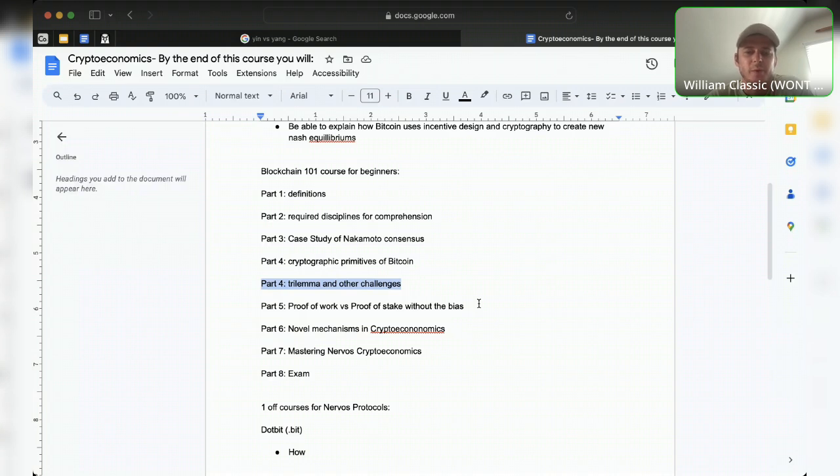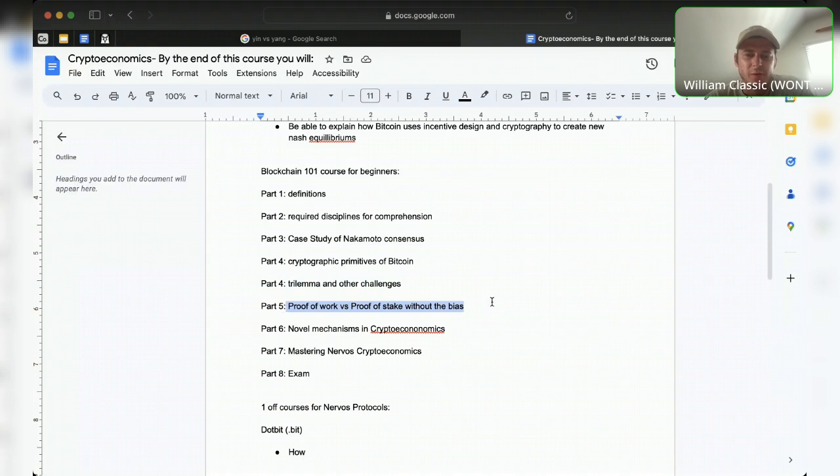So we really have a lot of the fundamentals in the background when it comes to source material for these courses. It is going to be a superior product as far as I know, because I've taken many blockchain courses in the past. While they can be useful at teaching you how blockchain works, I don't think they're very useful at teaching you how to think about blockchain. And that's what we're going to offer.